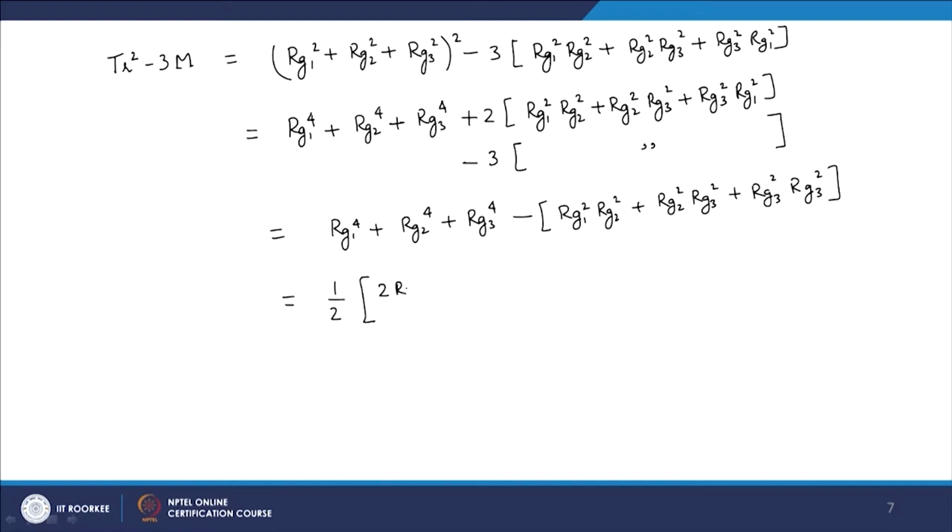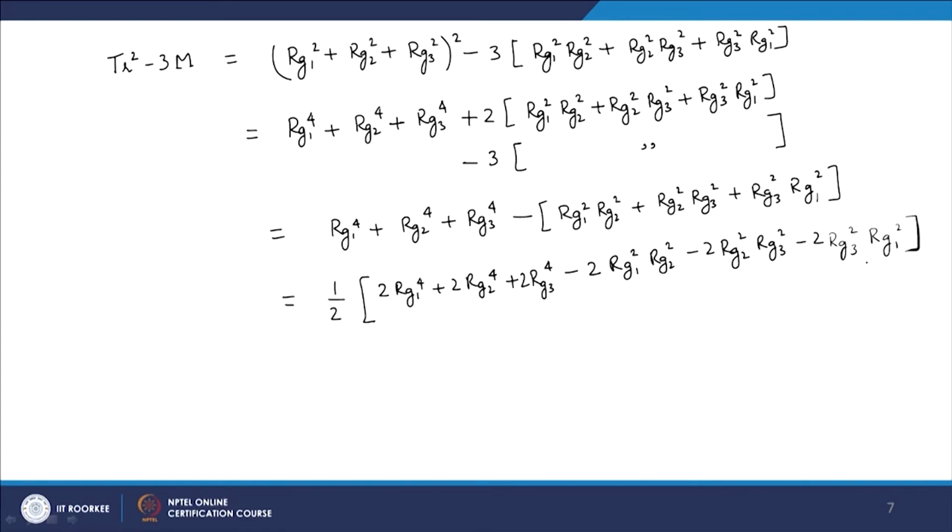So, we have 2 Rg1 4 plus 2 Rg2 4 plus 2 Rg3 4 minus 2 Rg1 square Rg2 square minus 2, sorry, it has to be Rg1 here, and now I can form squares.